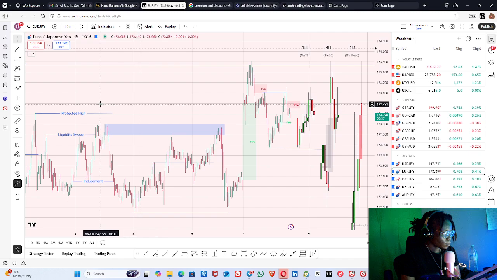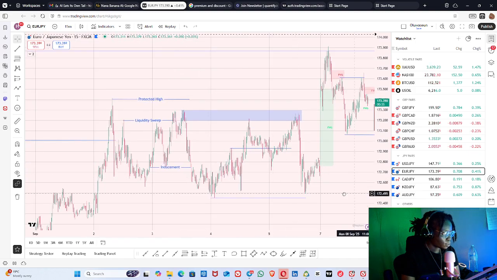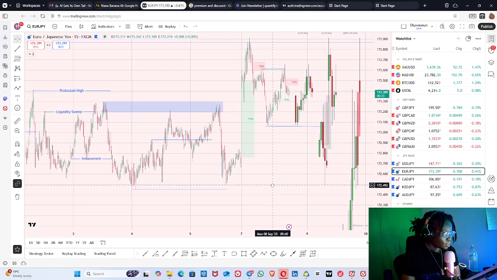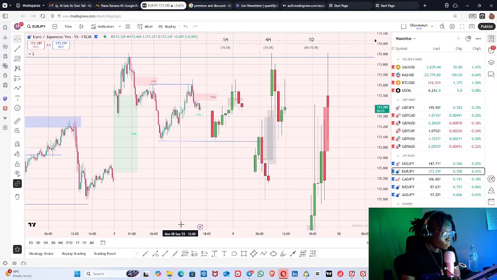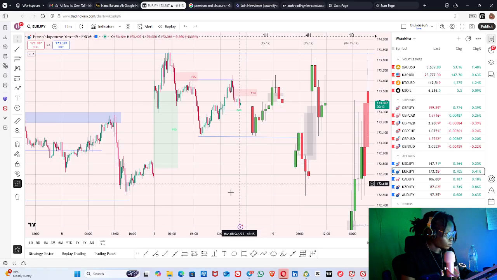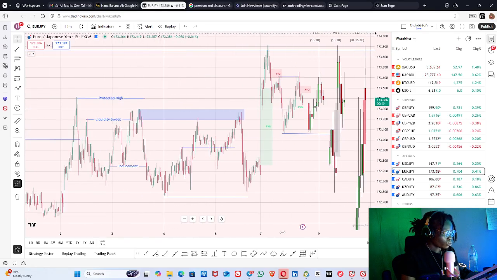If I take an entry from here, my SL will be right here, which would be around 300 pips. That's too much.